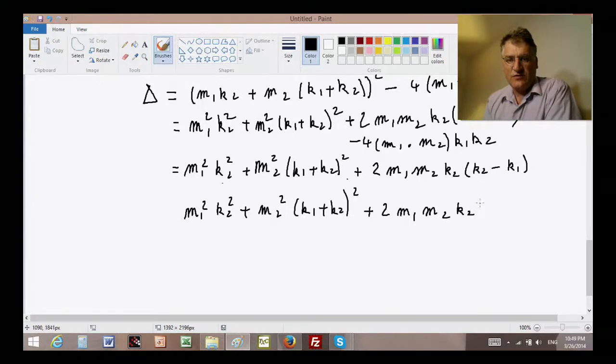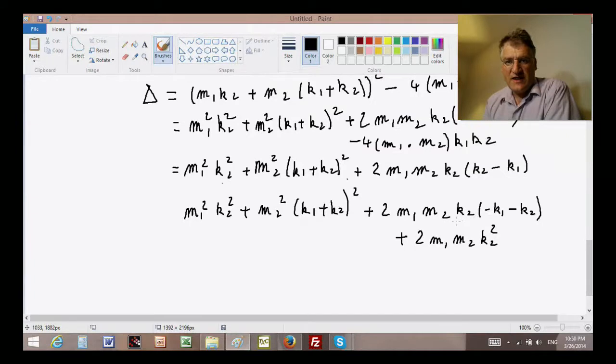We're going to say k2 times minus k1 minus k2. Good. Plus the terms that we don't have here and that we introduced here. So the k1 minus k2 here, so there will be plus 2 m1 m2 k2 squared.